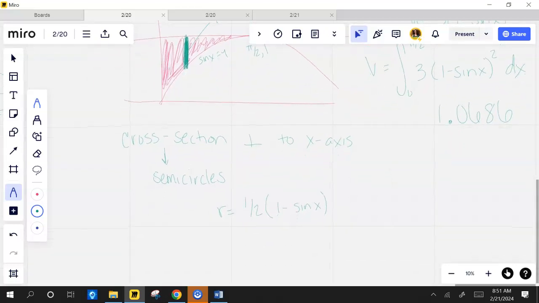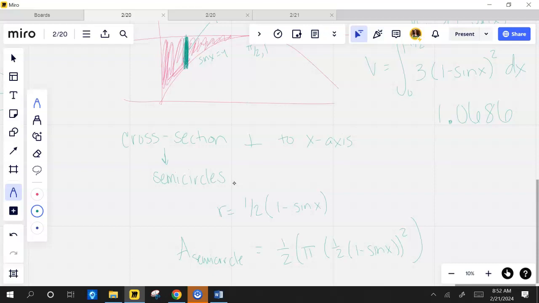So the area of the semicircle would be a half of pi times a half. It's actually going to be 1/8.